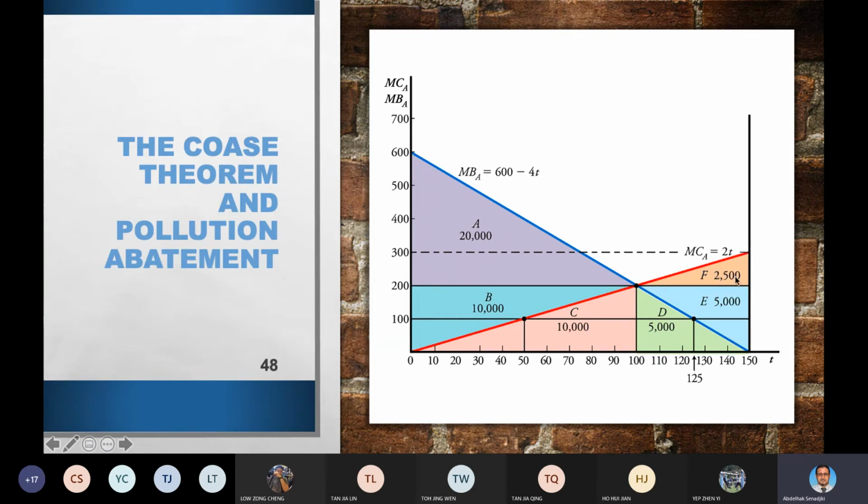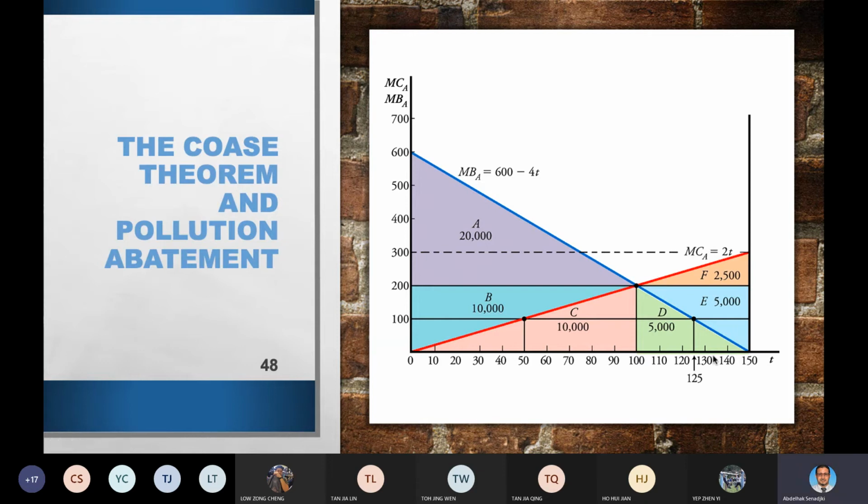So 10,000 plus 2,500, 12,500. So it is costly also. So the community is happy to accept the offer since the 10K payment from the mill is greater than the total benefit of only 10K of this plus this, or D and E, right?